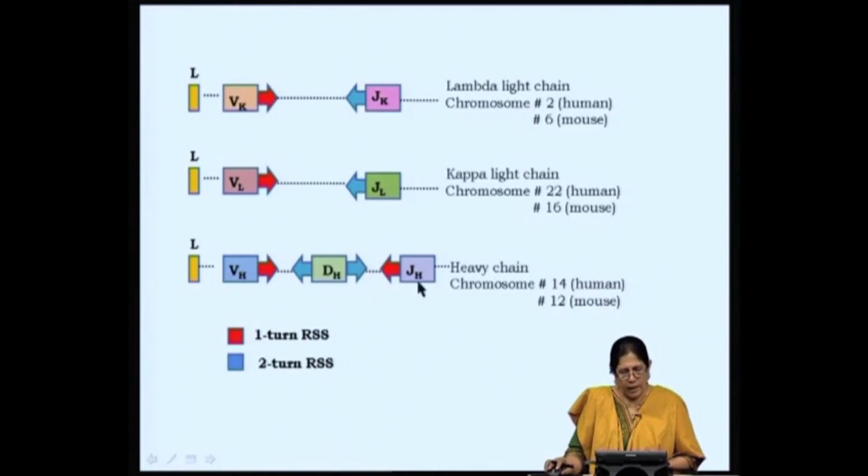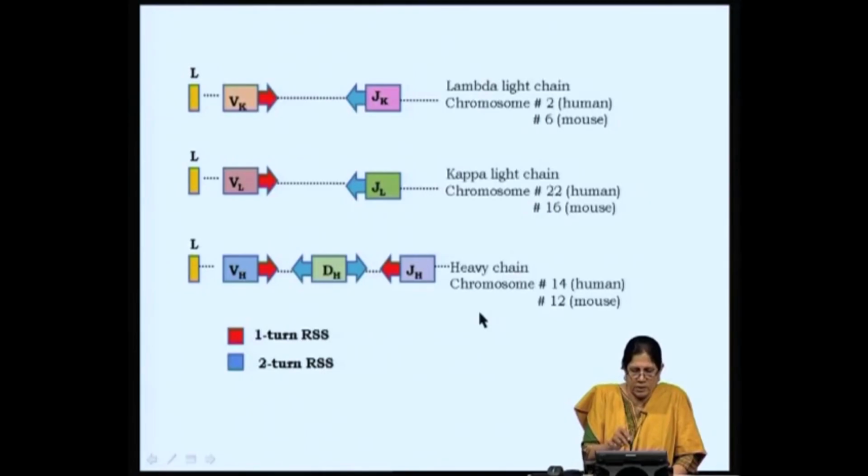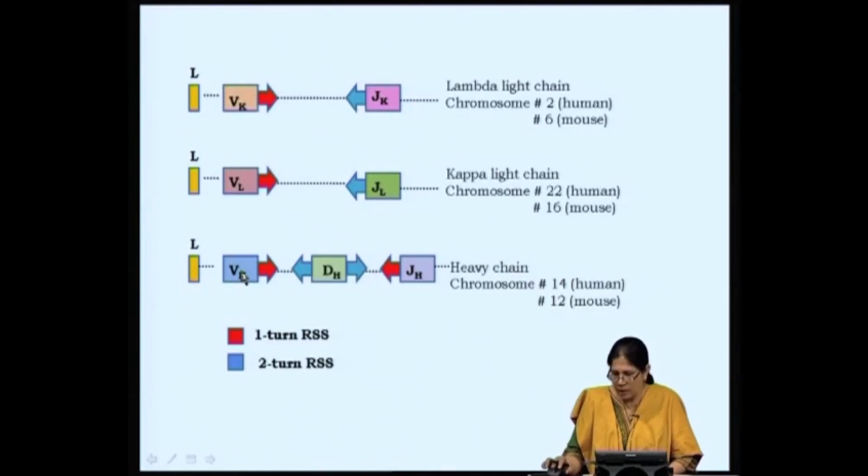Now, the V and the J gene segments have on the 3 prime and 5 prime respectively one turn RSS. It has been proved that first any one of the J on the heavy chain joins with any one of the D, and once this is complete, then recruitment of any one of the V takes place.